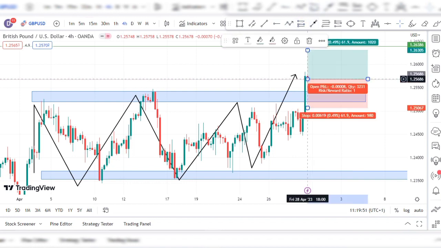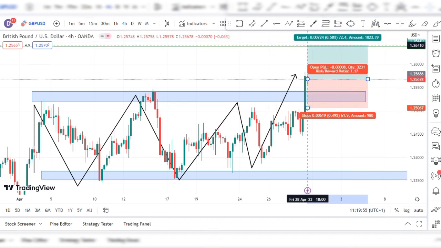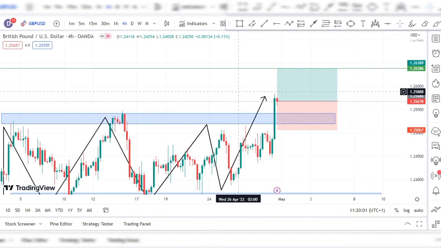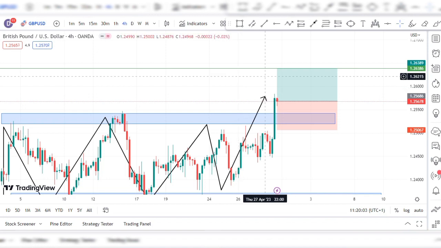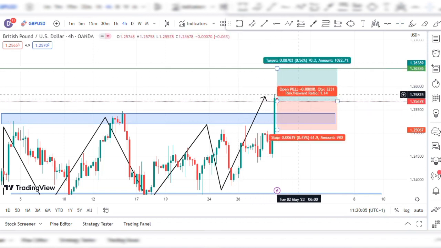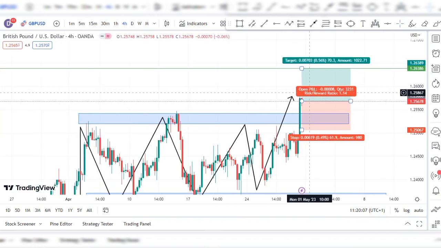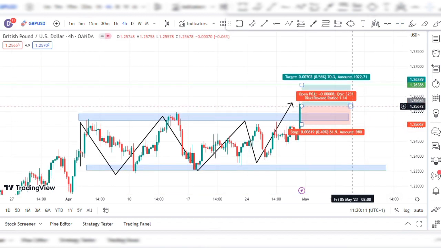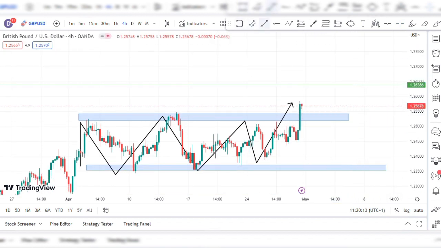If I enter here and I put my stop loss down here, my take profit up there, it's about a 1:1 risk to reward ratio, which for me, I don't think it's worth risking taking that trade from there. So what I would do normally is I would wait for price to retest.